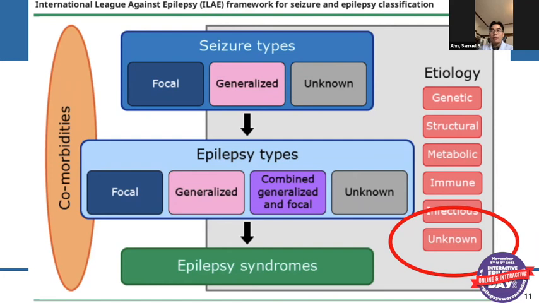For example, while we may presume that a patient has a genetic cause or a structural cause for the epilepsy, I may not be able to categorize it as that unless I'm able to confirm with the appropriate genetic workup or neurodiagnostic imaging studies. However, this may not be possible in certain resource limited settings. So it's important to understand that the cause for epilepsy is often a working diagnosis.